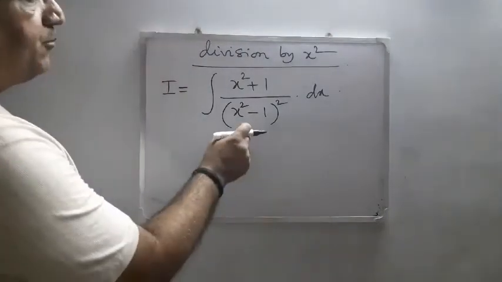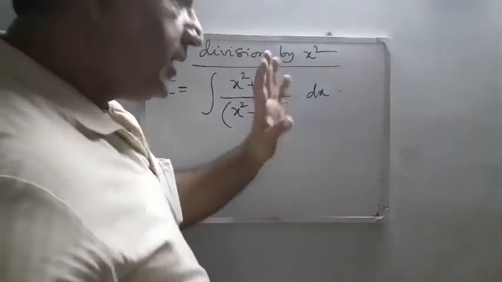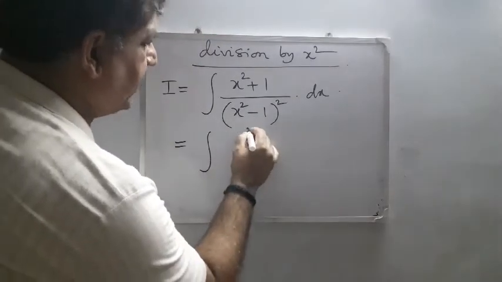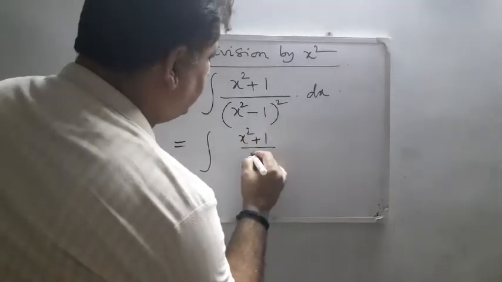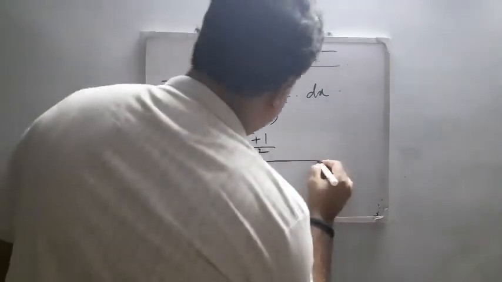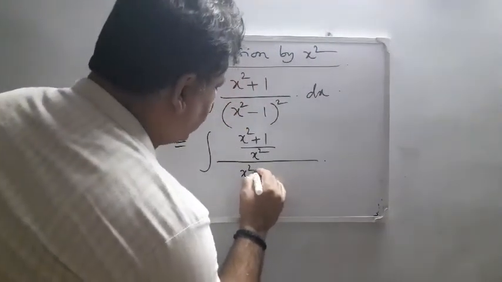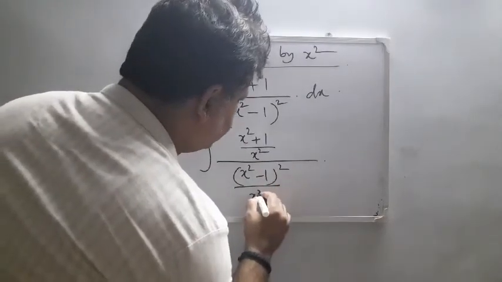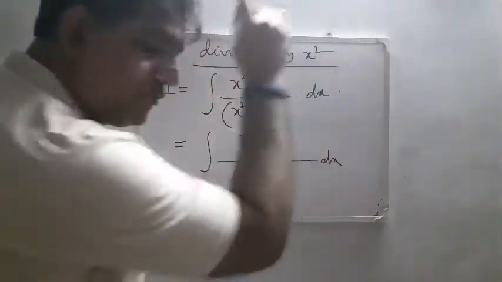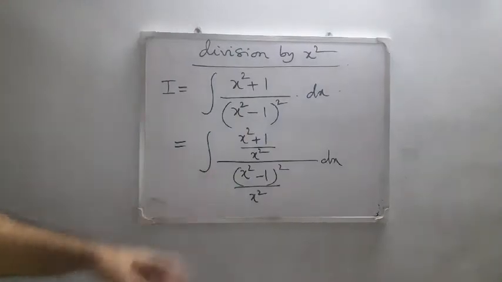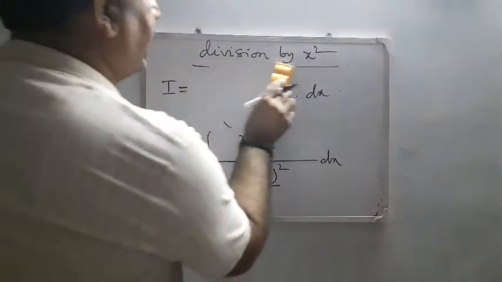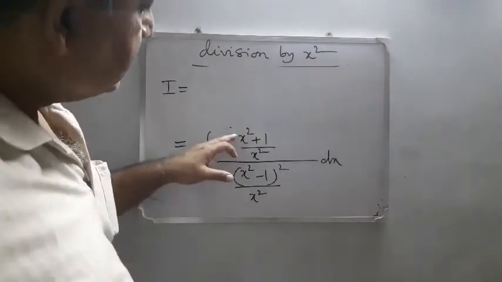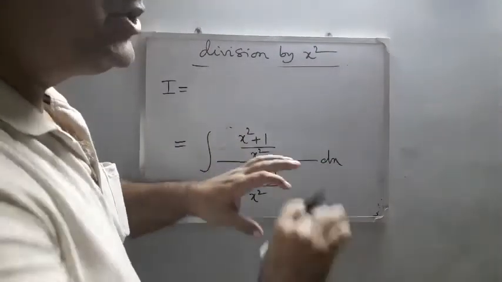Now if you divide numerator and denominator by x square, what happens? This becomes integral of x square plus 1 divided by x square, whole divided by x square minus 1 whole square by x square, dx. Now further, break this integral in two parts.